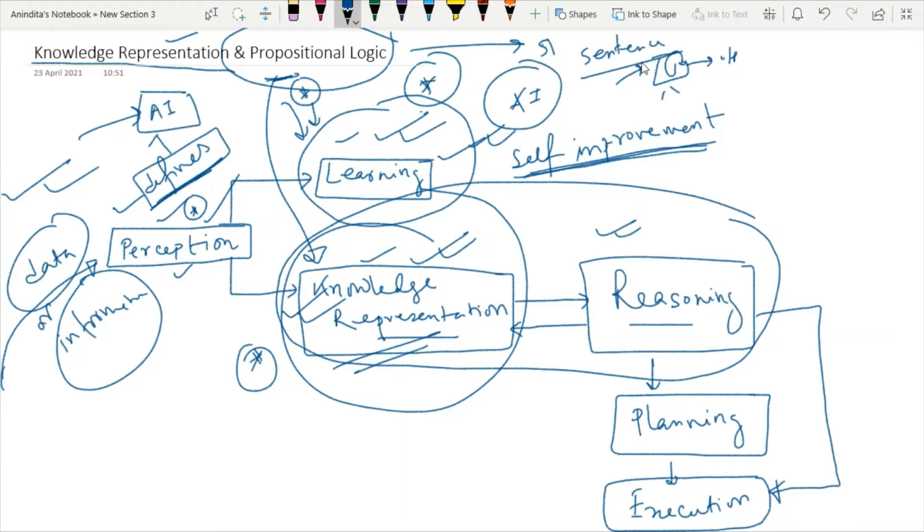So any sentence can be treated as a proposition. However, this propositional logic applies Boolean logic to convert our real life world scenario into a format that can be readable by your machine.